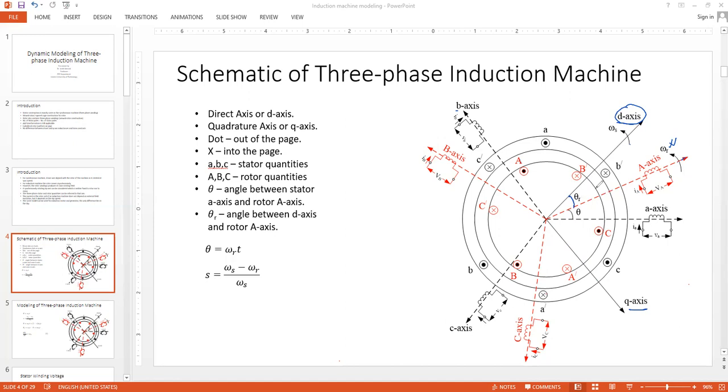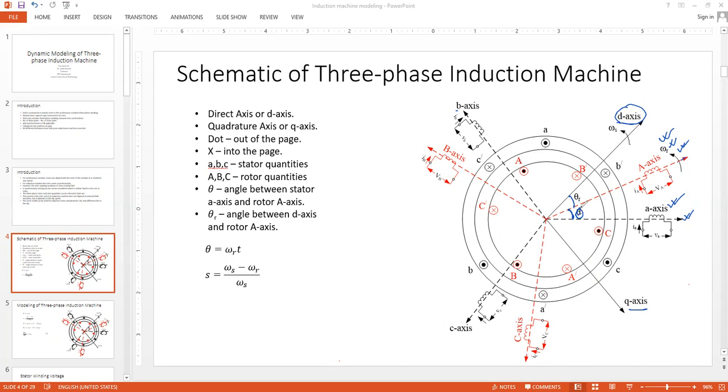And because the stator a axis is fixed, but the rotor a axis is moving with respect to time, it will move at a speed omega r. So there will also be some phase difference between this stator a axis and the rotor a axis, and we denote it by theta.